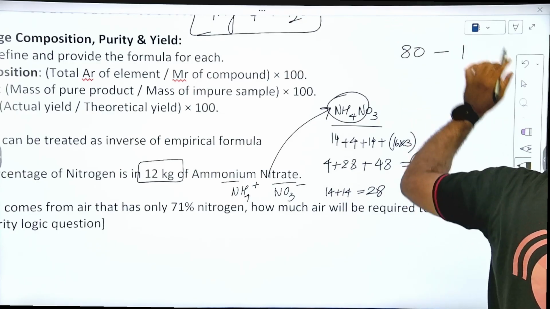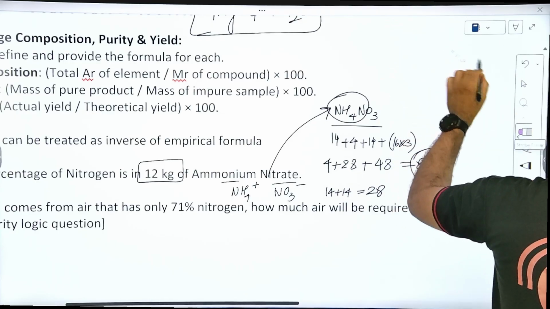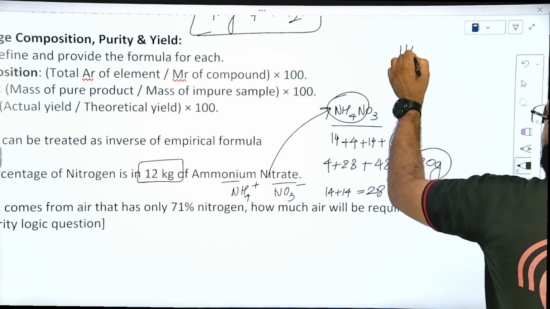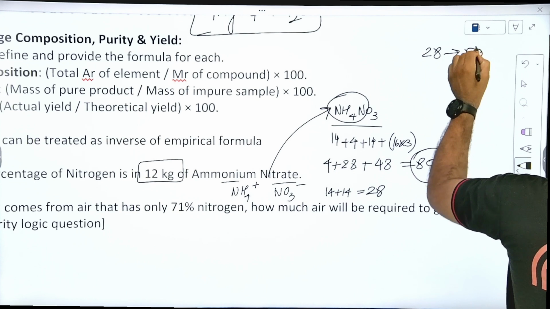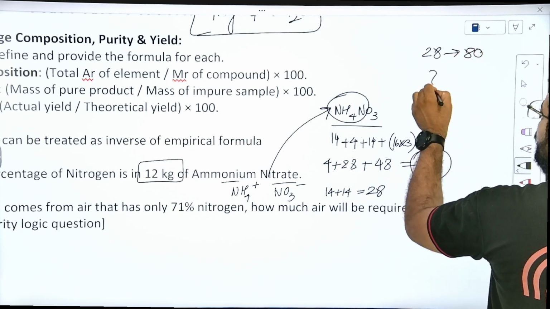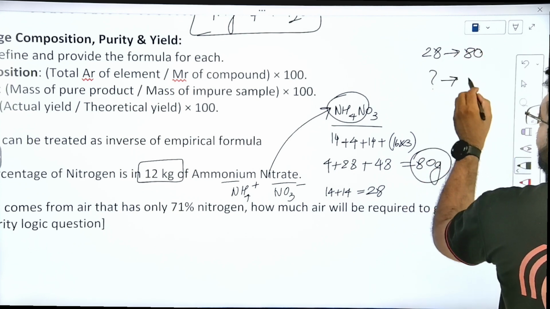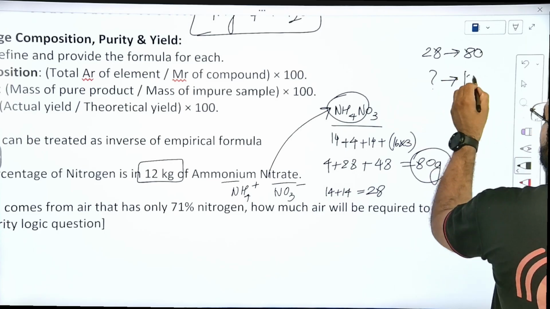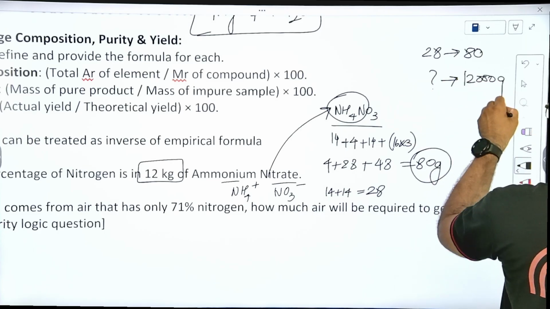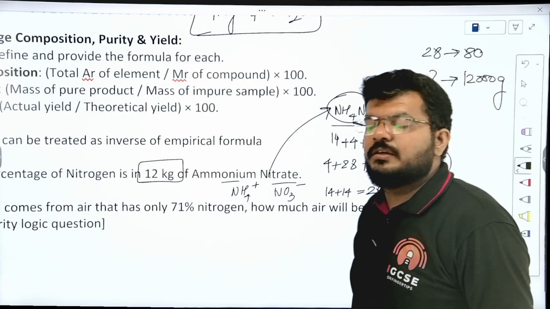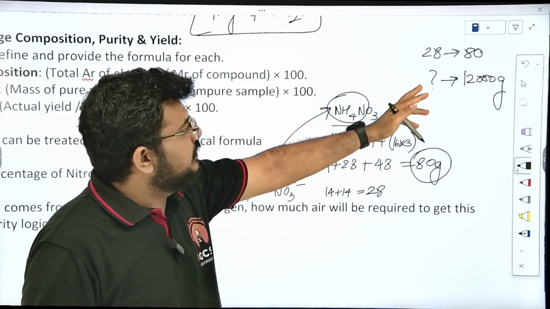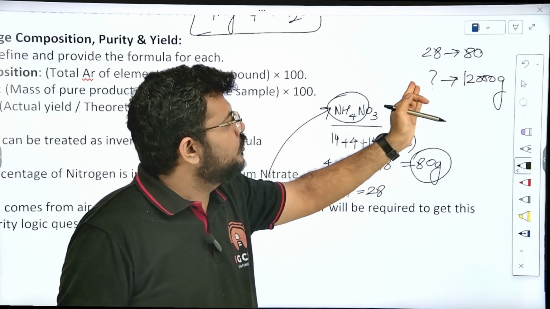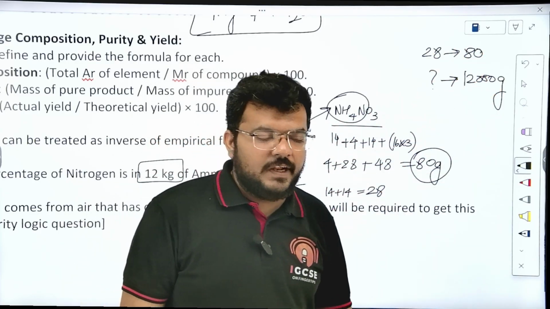If 28 gram is in 80 gram of the compound, how much is in 12 kg, which is 12,000 gram? But if you understand percentage properly, 28 upon 80 is going to be equal to question mark upon 12,000, right?